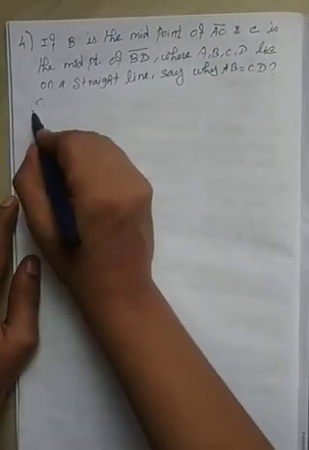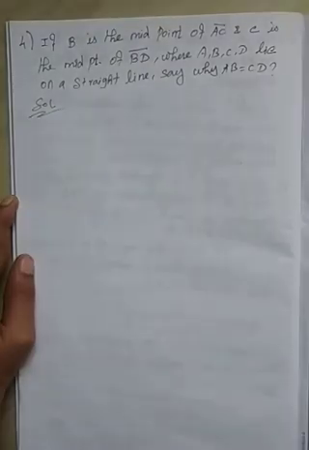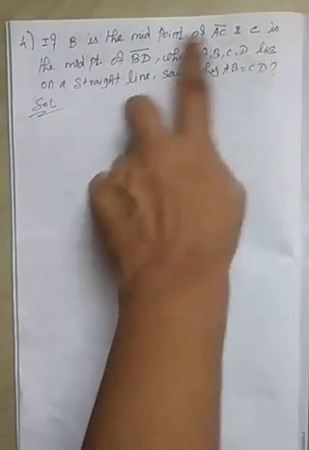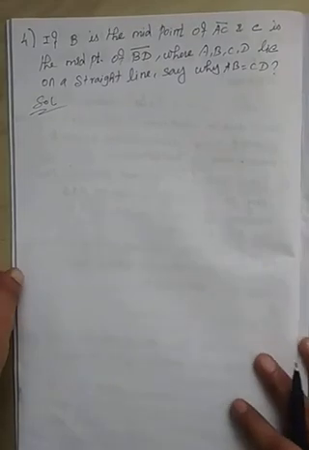Okay, see here, what is the question? If B is a midpoint of AC and C is the midpoint of BD, where A, B, C, D lie on a straight line, say why AB equal to CD.